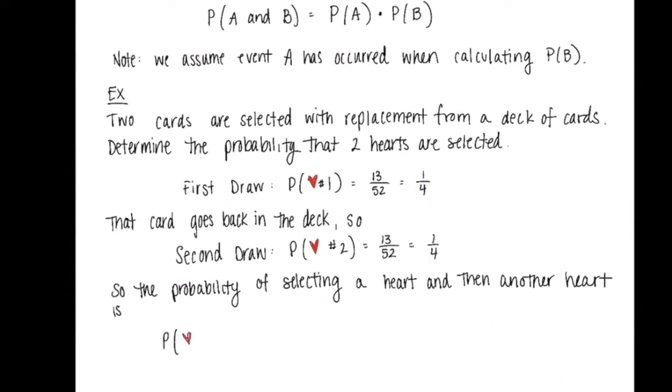The probability of getting a heart and another heart is equal to the probability we get a heart on the first one multiplied by the probability we get a heart on the second draw. I'm going to use that simplified form. That's 1 over 4 times 1 over 4. You have a 1 in 16 chance of getting 2 hearts in a row.